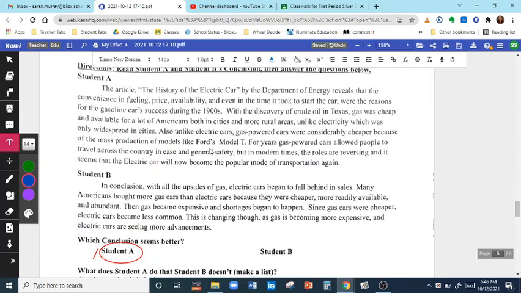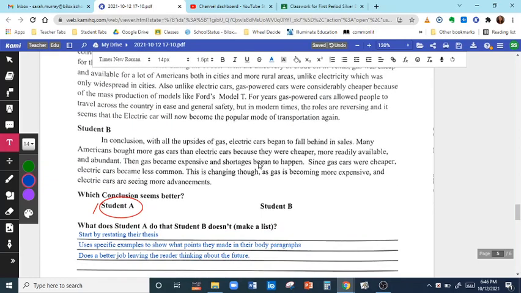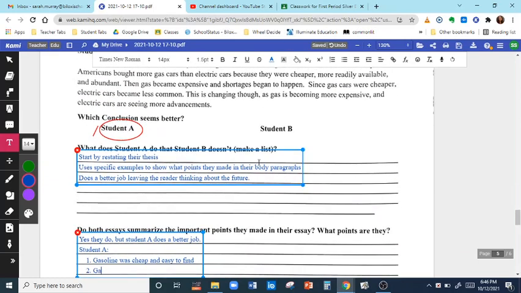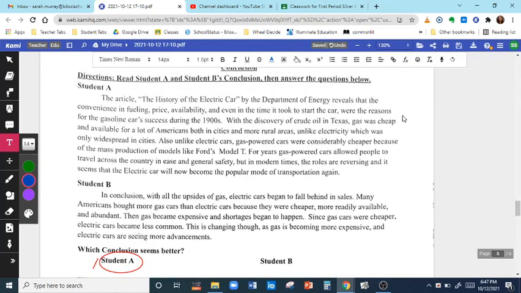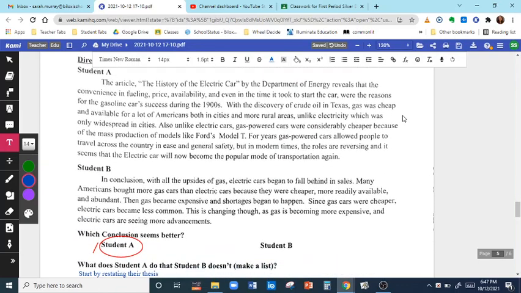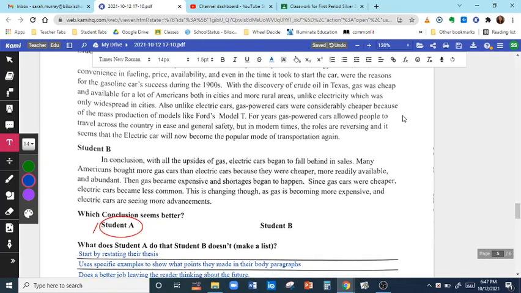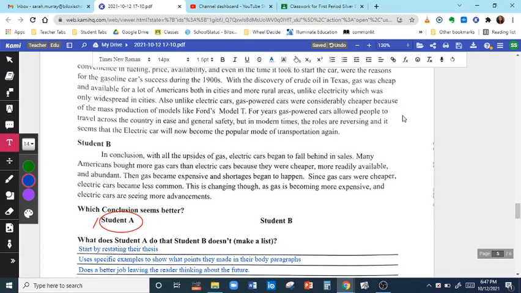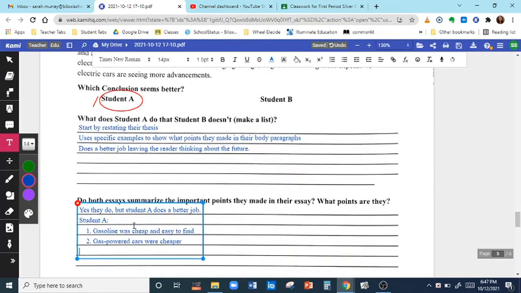Next reason, gas-powered cars were cheaper. There's only two listed.